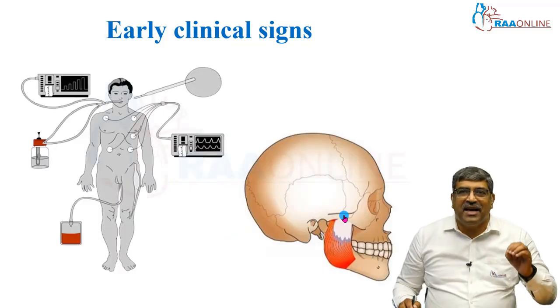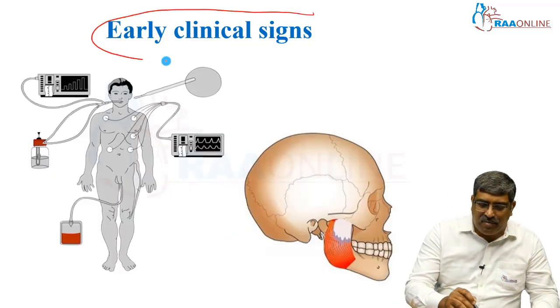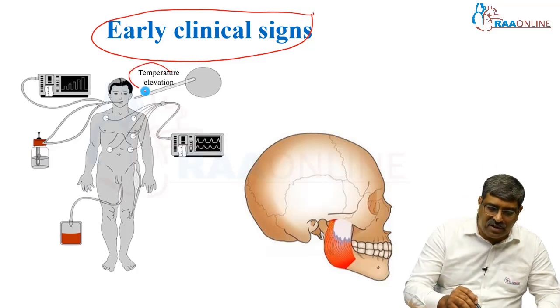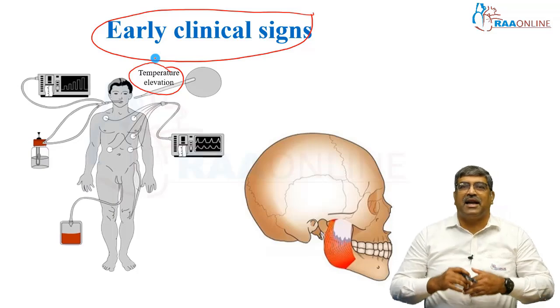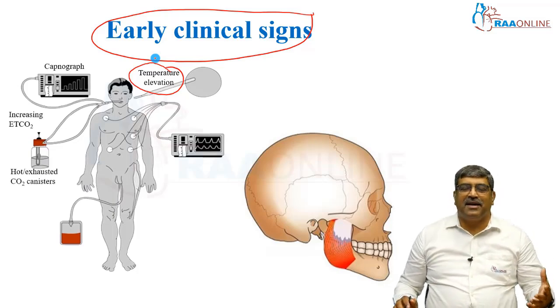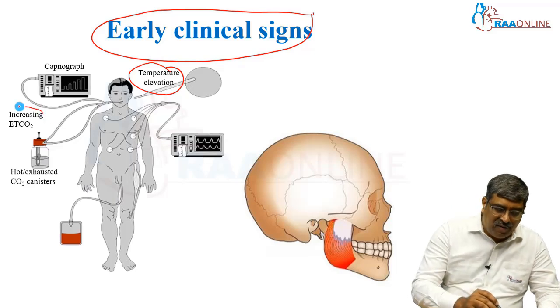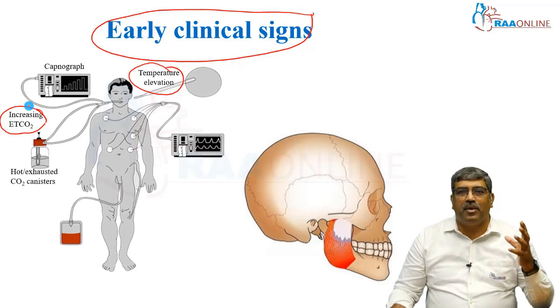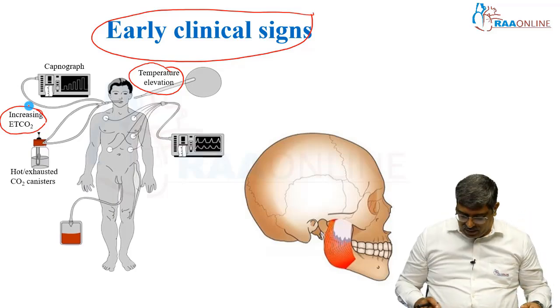Now coming to the early clinical signs of malignant hyperthermia. The first and foremost is temperature elevation. Suddenly there is a rapid increase in temperature. Next comes the increase in carbon dioxide. You have an increasing end-tidal carbon dioxide and your carbon dioxide canister will be hot and exhausted.